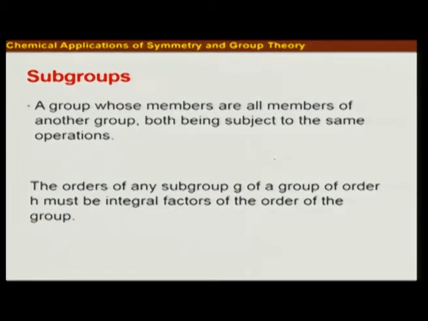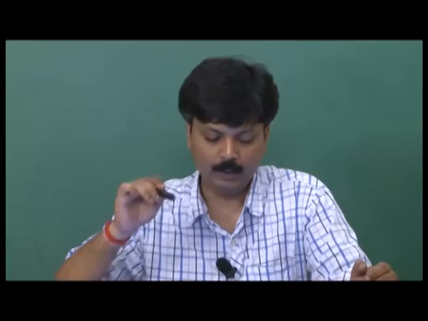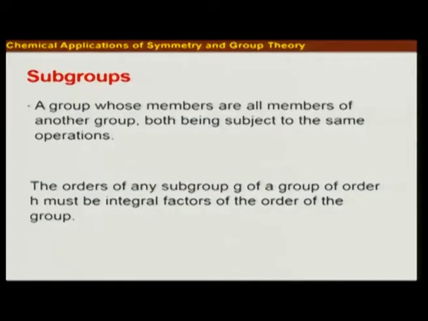There is a specialty: a subgroup cannot have any order. There is a certain definite condition for a subgroup to be called a subgroup, and that is that the order of that subgroup has to be an integral factor of the order of the main group. That is what is written here. That is, the order of any subgroup G of a group of order H must be an integral factor of the order of the group.